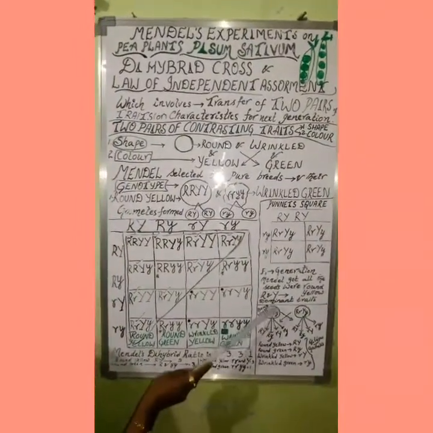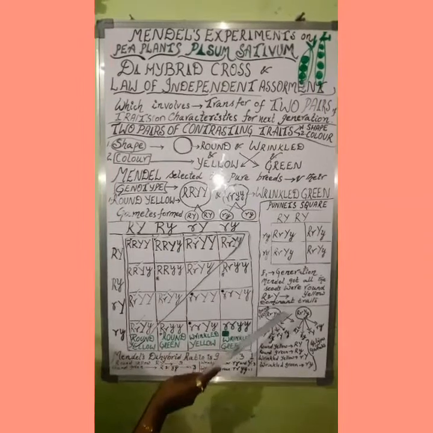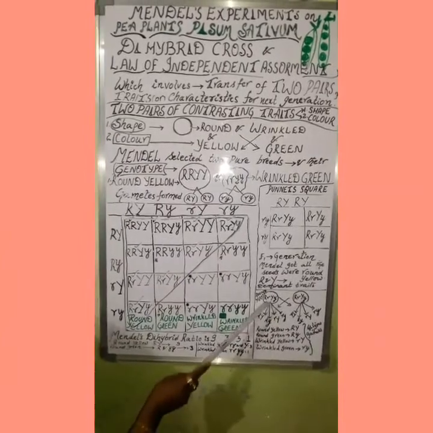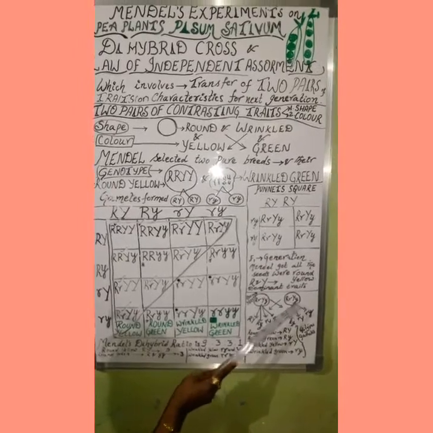Then he took two plants from the first filial generation and crossed them. He got the seeds from these first generation plants and crossed these two plants, round yellow and round yellow.